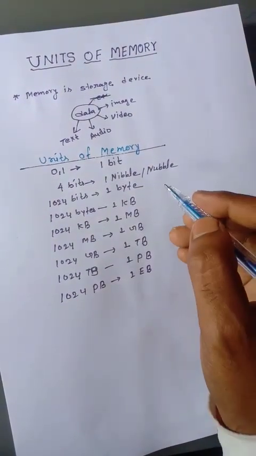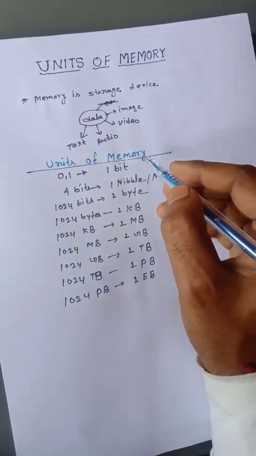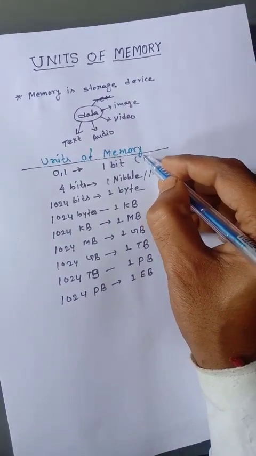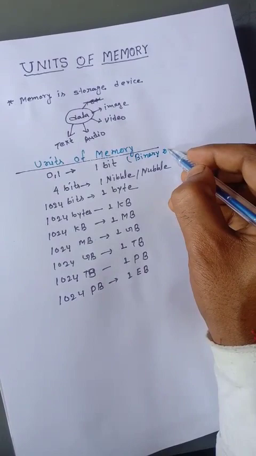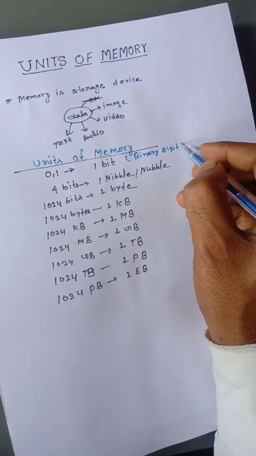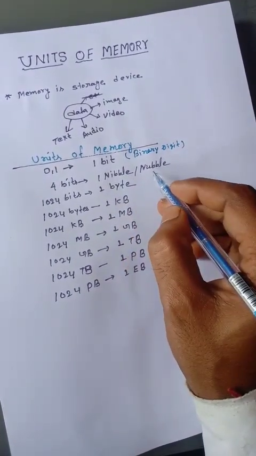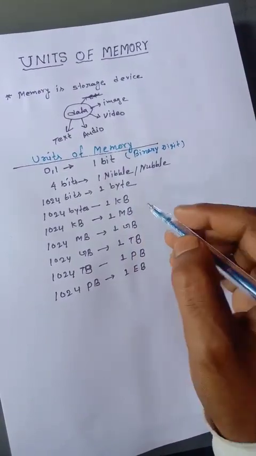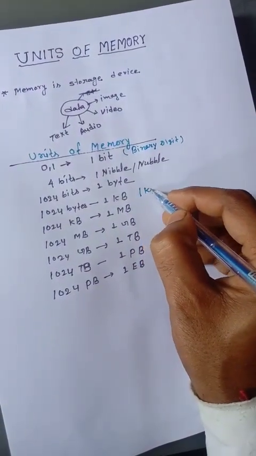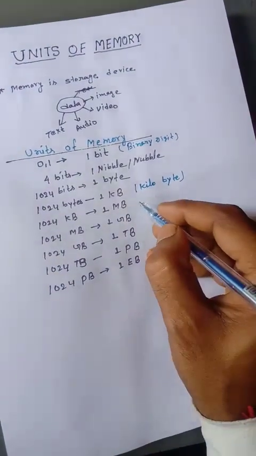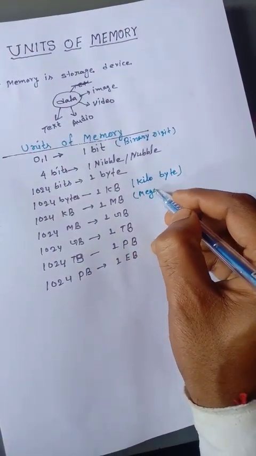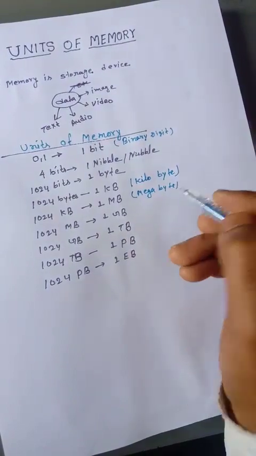So write the full forms here. What will be the full form of bit? Bit stands for binary digit. Next one is nibble, byte, KB. KB stands for kilobyte. MB stands for megabyte.